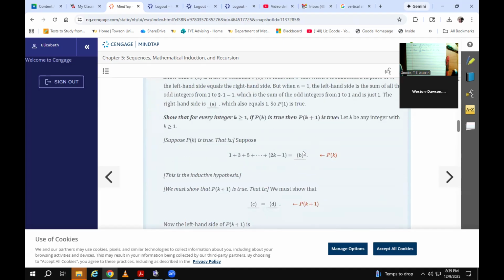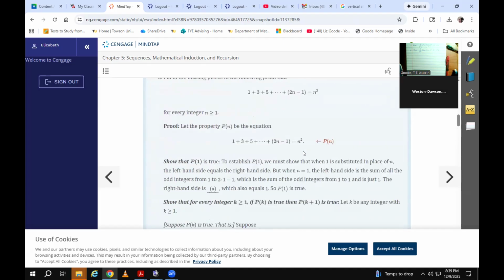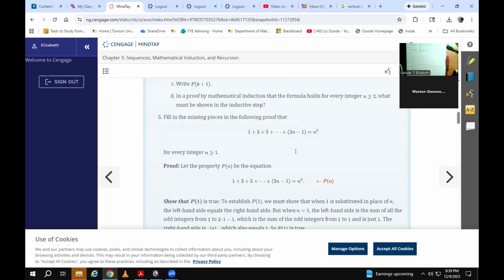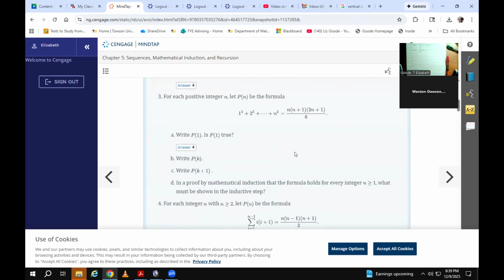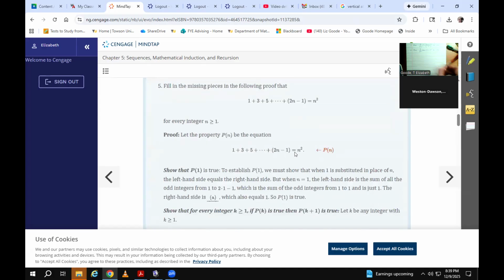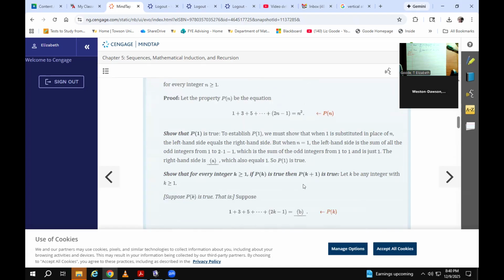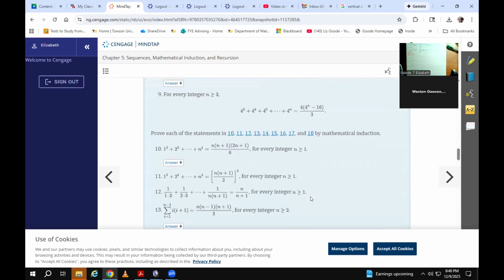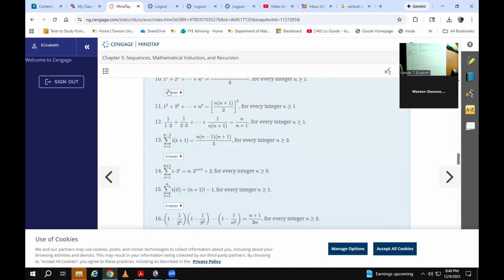You can even look at the solution. This is in the ebook, section 5.2, exercise number 5. And then a bunch of them. This is number 11, but they don't have the answer.